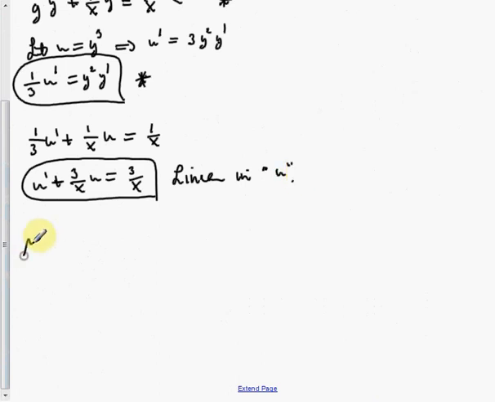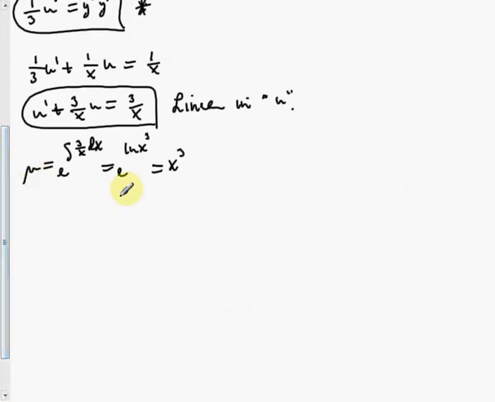So if that be the case, its integrating factor, mu, is equal to e to the integral of p of x, which is 3 over x dx. Integrate that, we get 3 times the natural log of x, or e to the natural log of x cubed. And that just gives us x cubed.